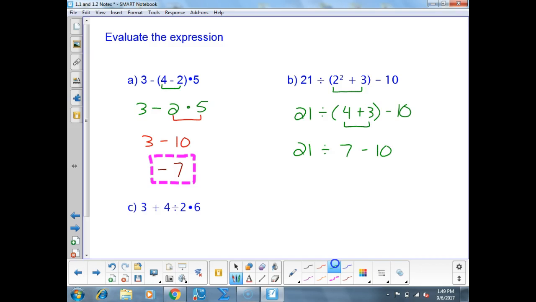Inside a set of parentheses, you then reorder or restart your PEMDAS. Okay, so exponents would come first inside, then multiplication, then addition. Here then I would deal with this, so then that would become 3 minus 10, and that leaves me with negative 7 again.